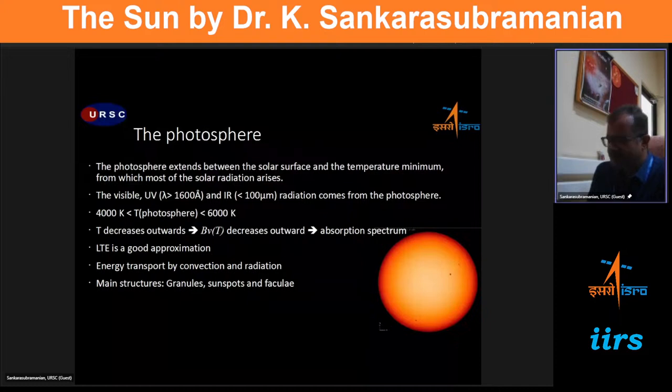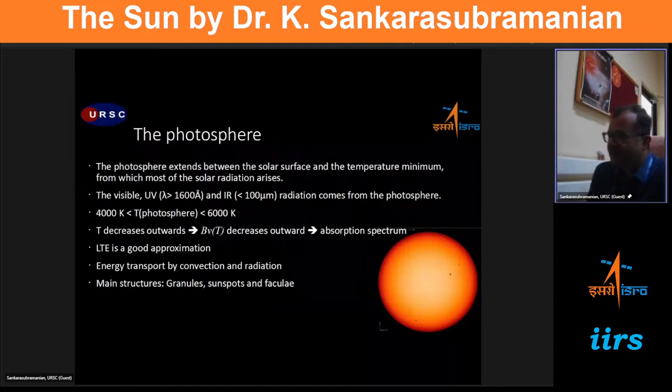Since the temperature decreases outwards, the photospheric spectra consist mostly of absorption lines. That means the background is hotter compared to the atmospheric constituents of the photosphere, so the atmosphere starts to absorb the radiation and re-emit it. That's why you see most of them as absorption spectra.